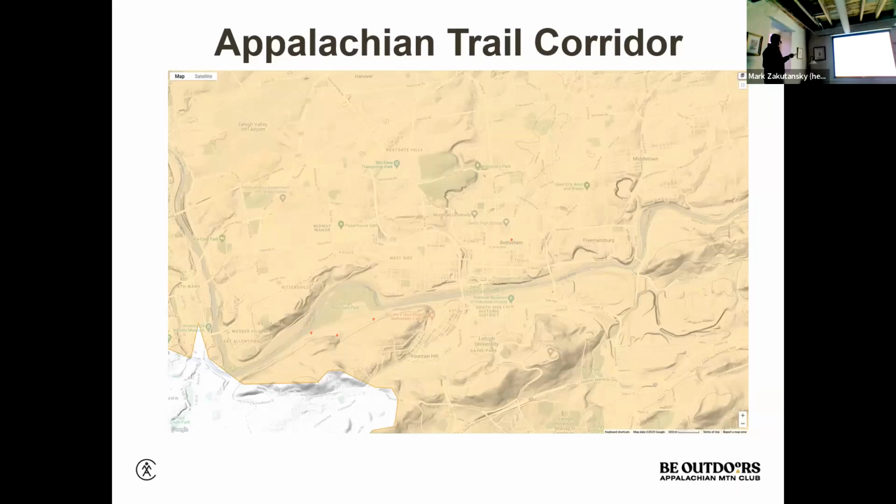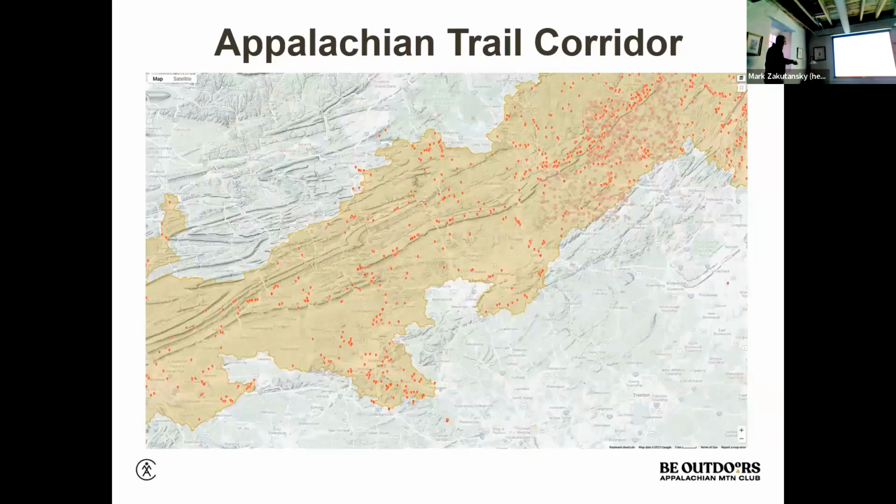The other thing you'll notice about this, and in fact the previous one, is that in this area, this is a big area, there are not many red dots. So there is very little data in this area. And that's another reason why we need a lot of help. We need all the observations we can get in Pennsylvania and New Jersey. We really need to get a lot of data. And that is it.